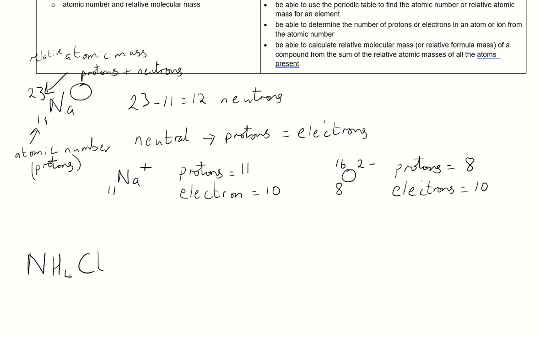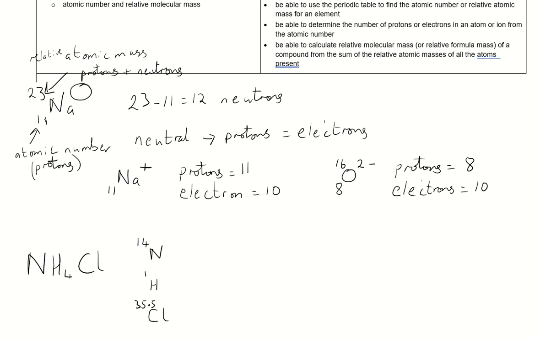Now all you need to do, each of the individual species within here, you look at the periodic table. So nitrogen is 14, hydrogen is 1, and chlorine 35.5. So look at the periodic table.